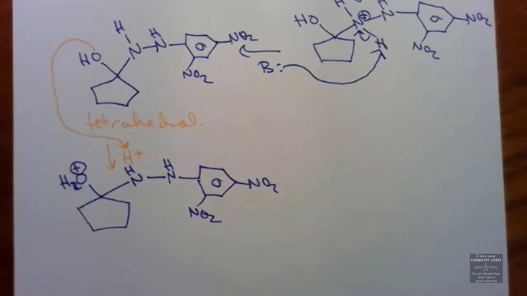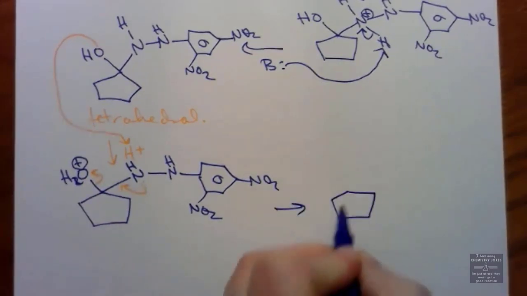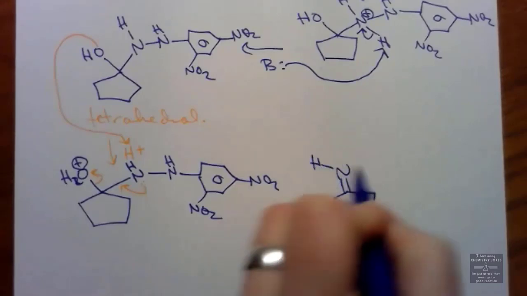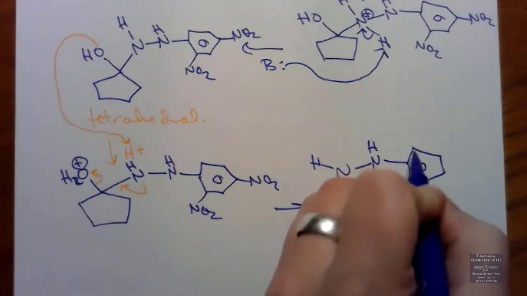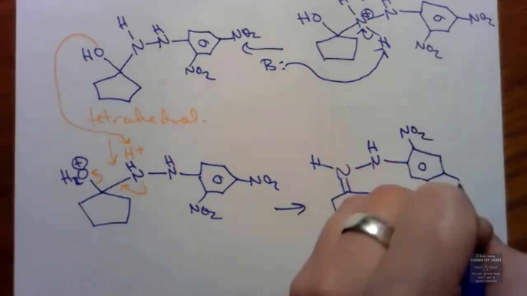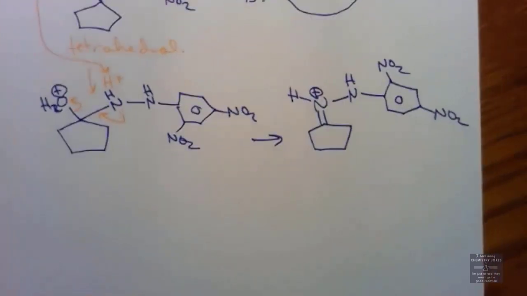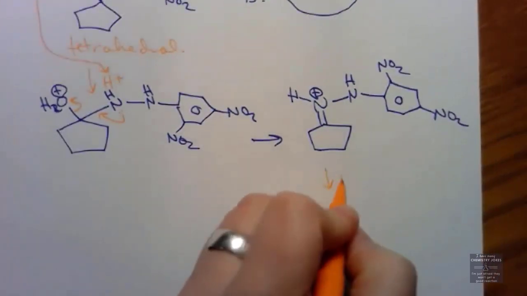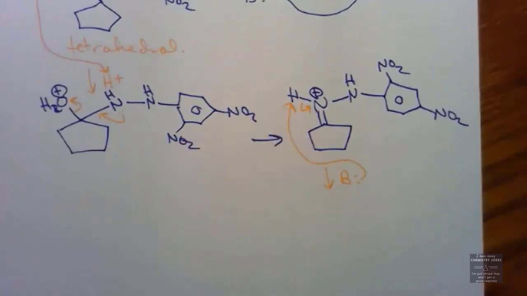So I get here, and then I fold it down, take it out. Almost finished, but not quite there yet, because at this point, my nitrogen is still positively charged. I need some base in solution to come clean up.